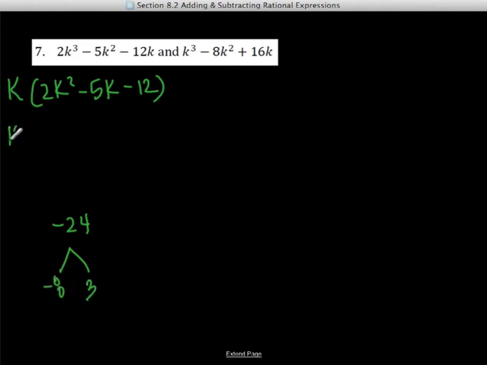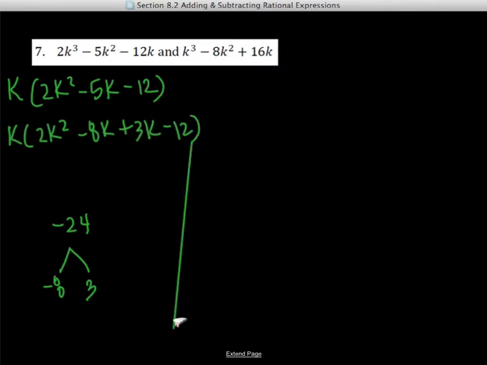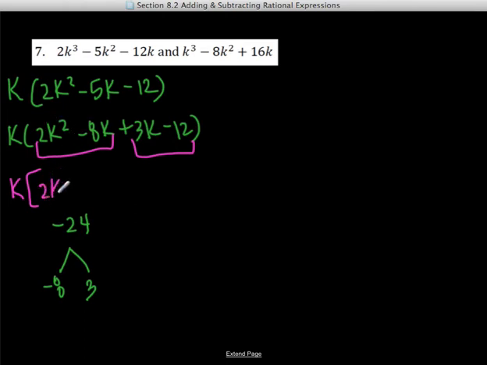So that's where we rewrite. I keep my k out in front. So it's going to be 2k squared minus 8k plus 3k minus 12. Then I'm going to group what's on the inside. So I look at the first 2 and I look at the last 2. I'm going to keep the k here. I can take out a 2k, then I would have k minus 8 divided by 2 is 4, and k divided by k is 1.